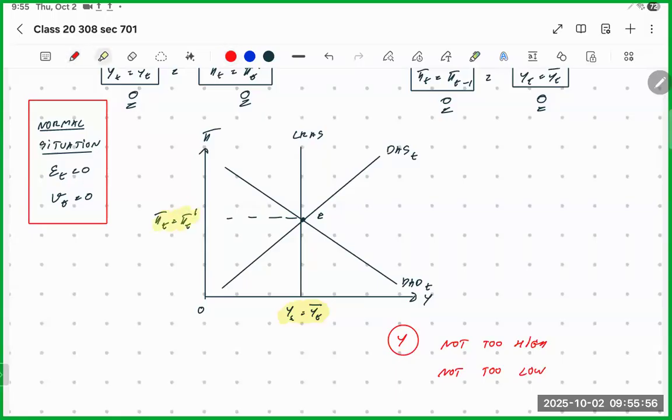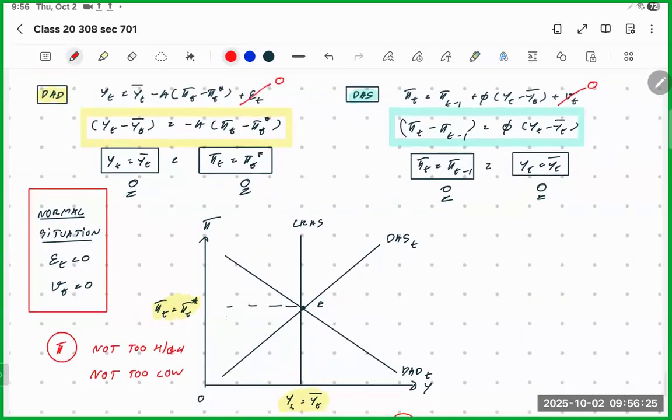Same thing with inflation: it is also okay, not too high, not too low, equal to the target. When we say not too high or not too low for inflation, we compare to the target. For GDP, we compare to Y bar. Got it? So the meaning in the equation and the meaning in the graph support and confirm each other, and everything needs to make sense. So far, so good?